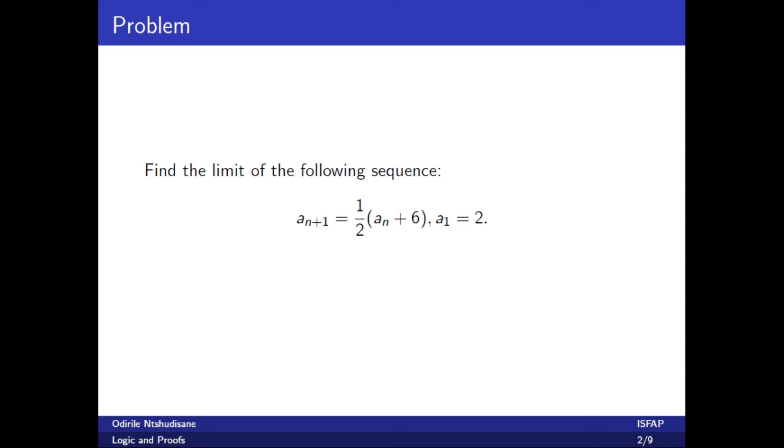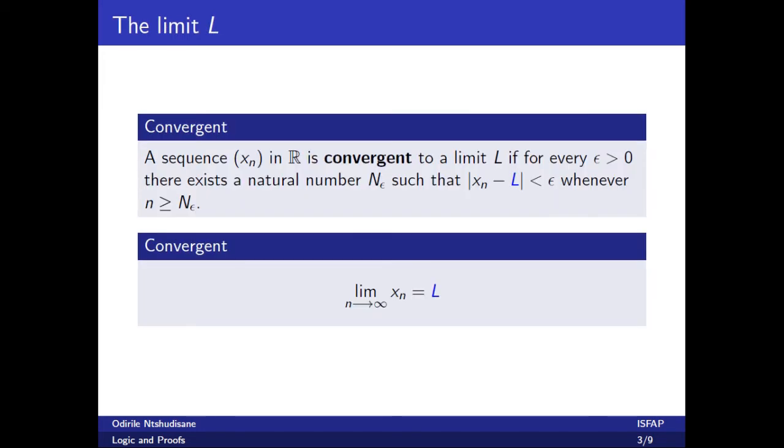Then you use the fact that the limit of a_n is the same as the limit of a_(n+1), and we just decide to call it L. Now the definition gave us an equation, 2L equals L plus 6, and then we just solve for L.